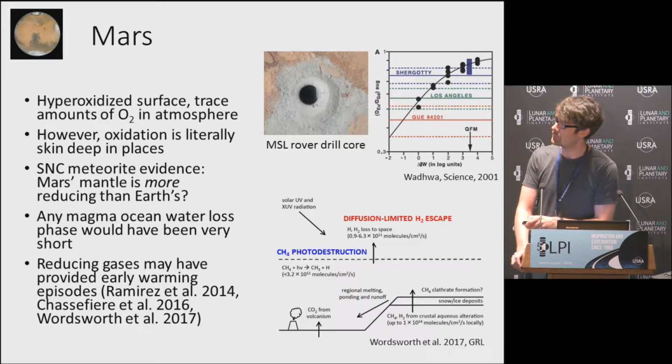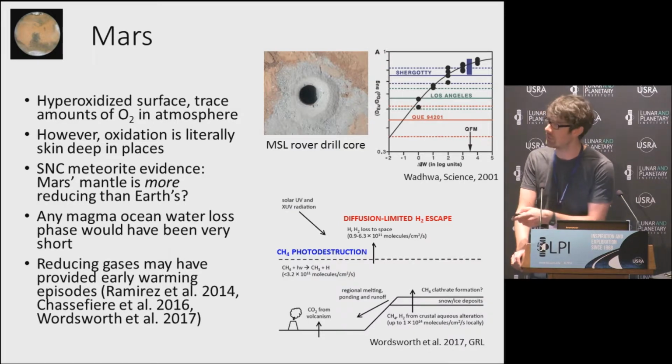If you look, for example, at some of the drill cores done by the MSL rovers, and of course there's detailed geochemical analysis behind this, but the visual appearance is very striking. You have highly oxidized iron on the surface, and then you don't need to drill very far before you start to see reducing mineralogy pretty quickly.